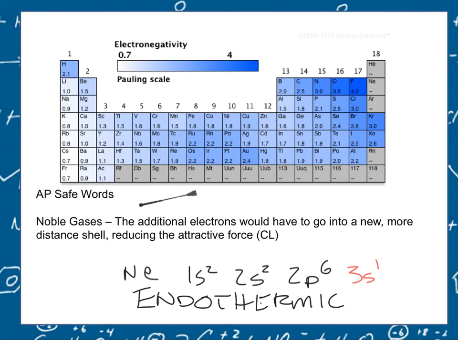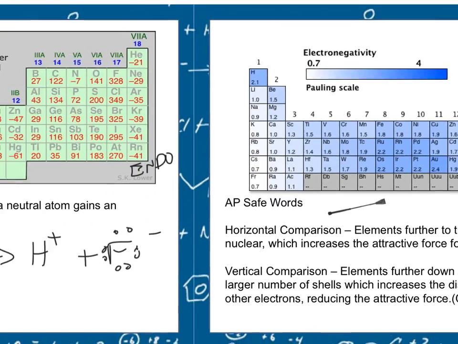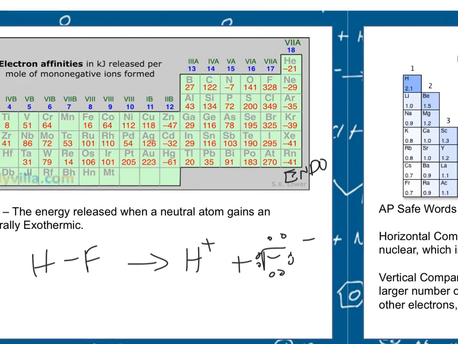One thing, and this goes to some of the other exceptions that you might notice, there are some other elements that have endothermic electron affinity, and you might be confused and think, wait, nitrogen wants electrons. It actually wants 3 electrons. Why is it endothermic? That's because this is the electron affinity to give it 1.